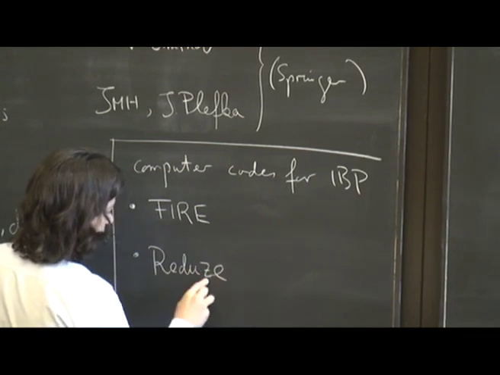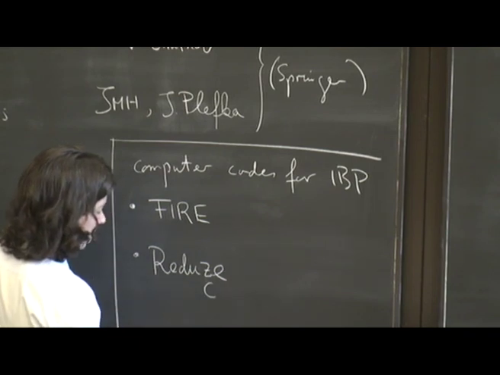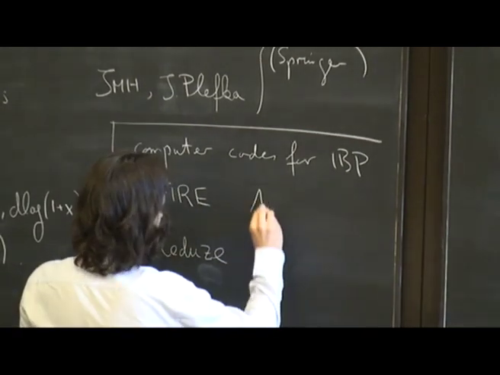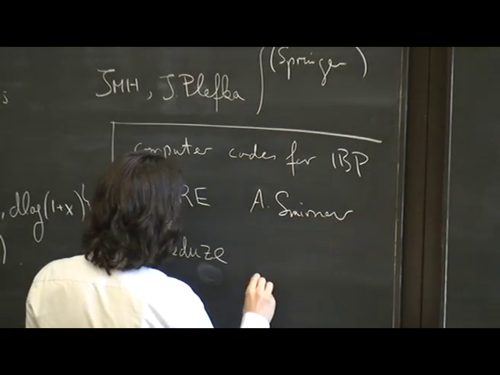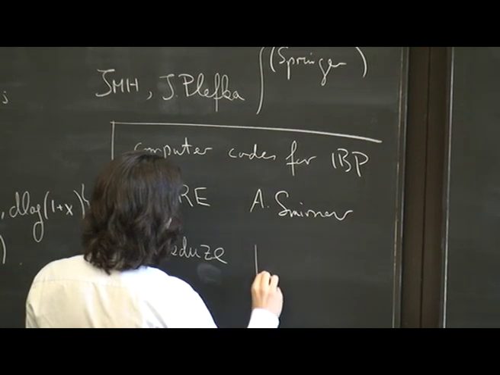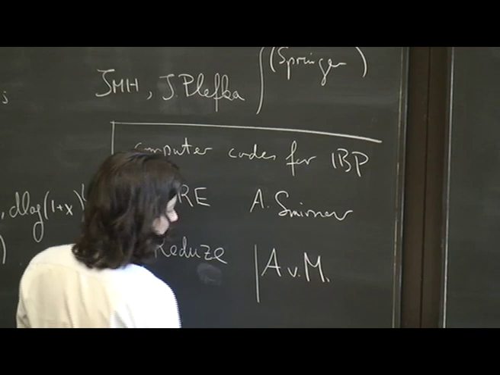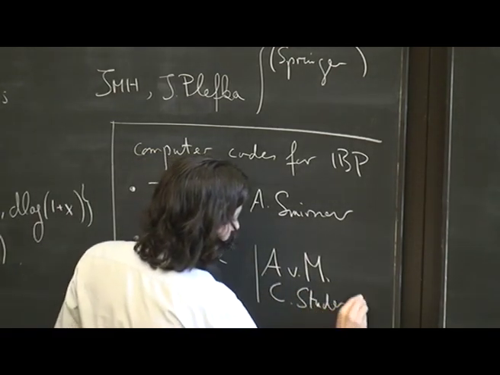I think there's a Z here. There's also something with C, but I think this is a Z. So this is by Alexander Smirnov, and this is by Andreas von Manteuffel and Cedric Studerus.